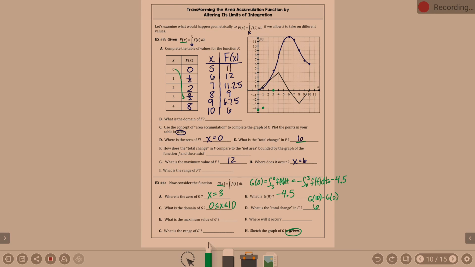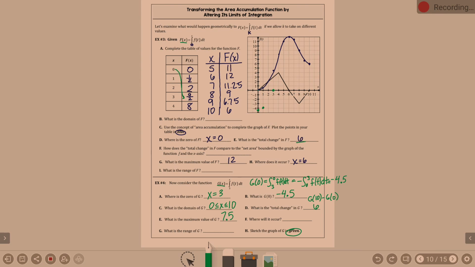Maximum value of G. Might be helpful to say 7.5, I think. And why 7.5? It's 4.5 less than 12. Earlier, yesterday my max was at 12.